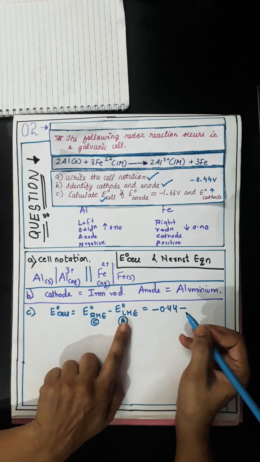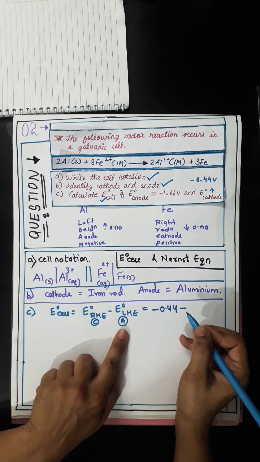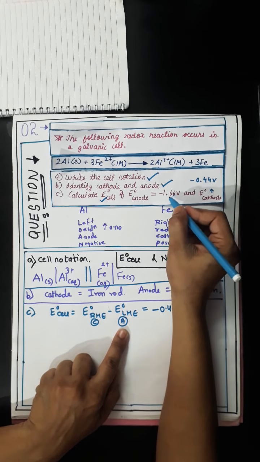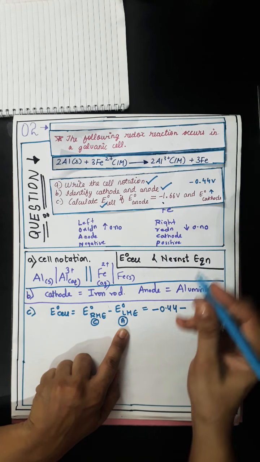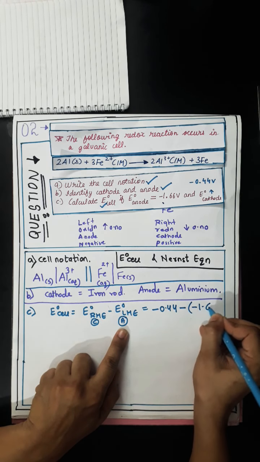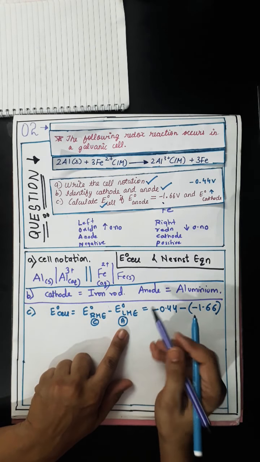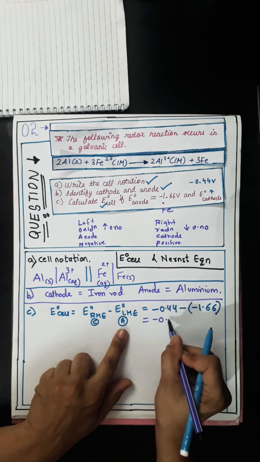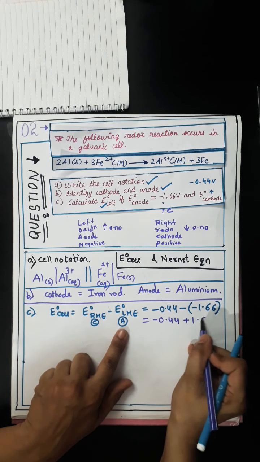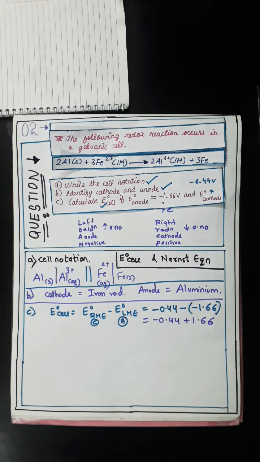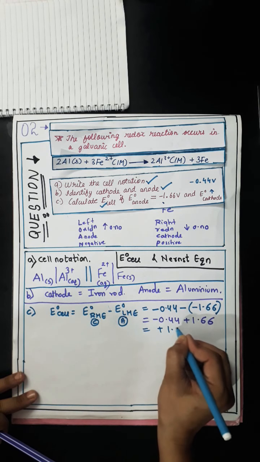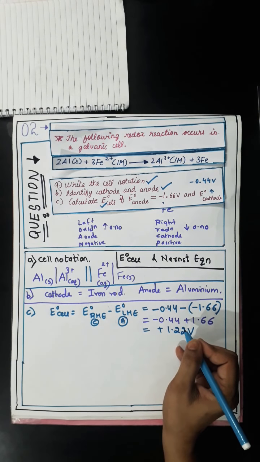Minus, now I write the reduction potential at the anode. Where is the anode, students? Over here, and the value I am going to copy is minus 1.66 volt. So we'll be getting 0.44 plus 1.66. When you solve this, you will be getting the answer as plus 1.22 volt.